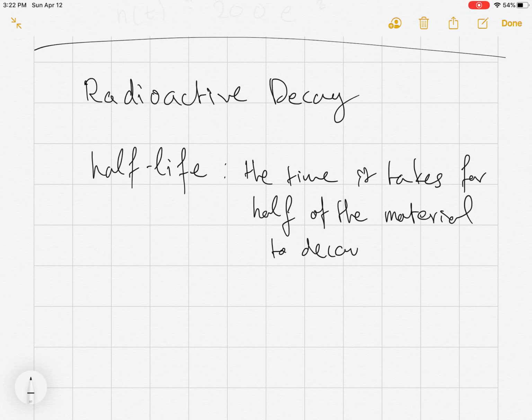Okay, so when we're looking at the function that we're going to be using to model radioactive decay, in general, it's going to look something like this.